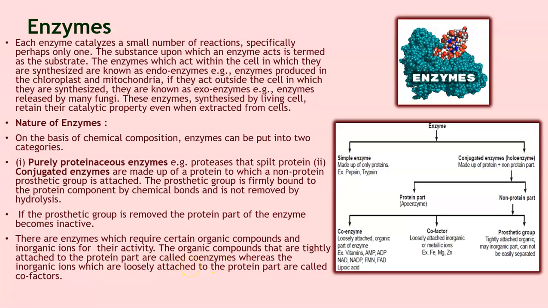Examples of coenzymes are NAD, which is nicotinamide adenine dinucleotide, and FMN, which is flavin mononucleotide. And on the other hand, examples of cofactors are basically ions of magnesium, copper, zinc, iron, manganese, etc.